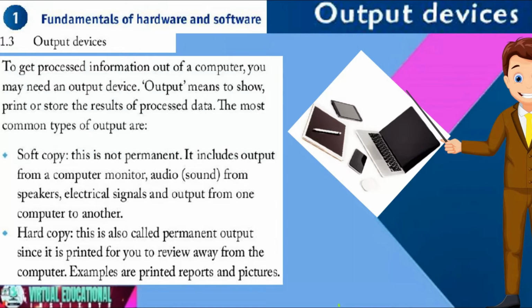It is so because hard copy output is one that comes from your printer, such as printed information on a piece of paper or on a sheet of paper. After printing, you'll be able to see and touch that form of output. Some examples of hard copy would be your printed report or your pictures.